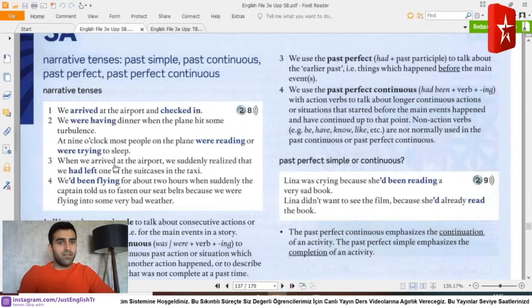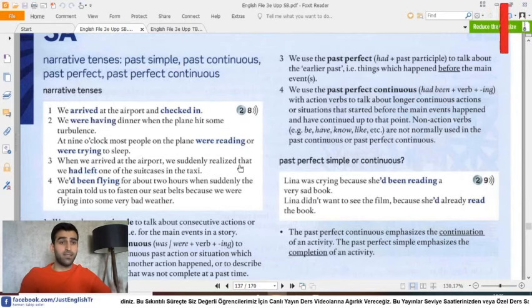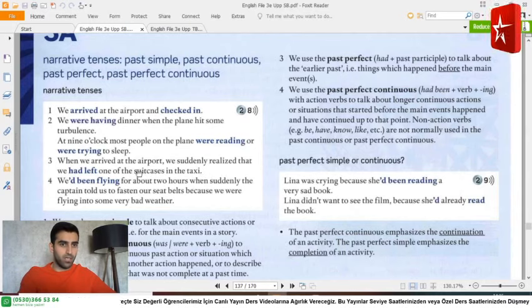When we arrived at the airport, we suddenly realized that we had left one of the suitcases in the taxi. Look here, we had left.